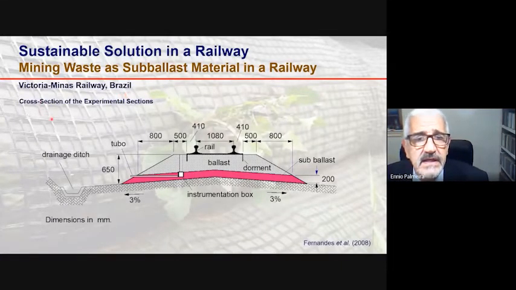Very busy railway in Brazil. It is something like 800 kilometers long. So here you see a cross section of the test sections, and the objective of the research was to investigate the possible use of an alternative subballast material for the railway.